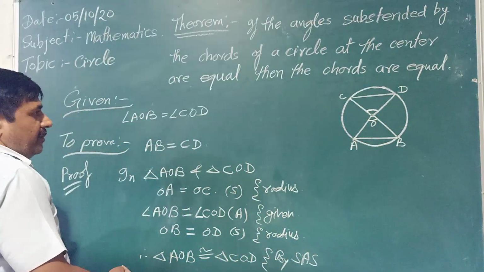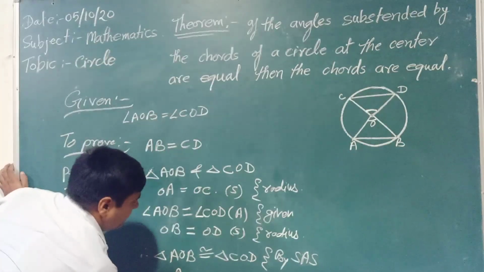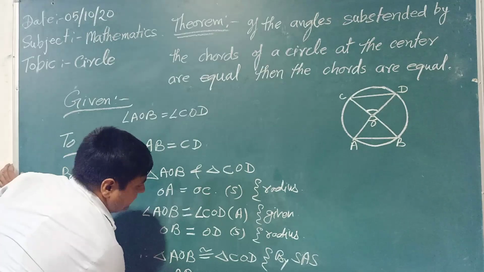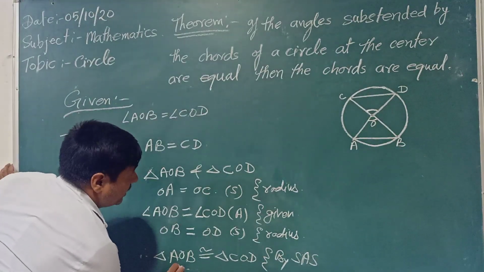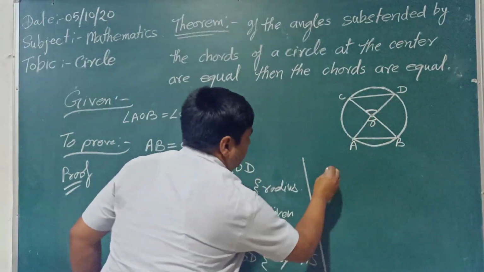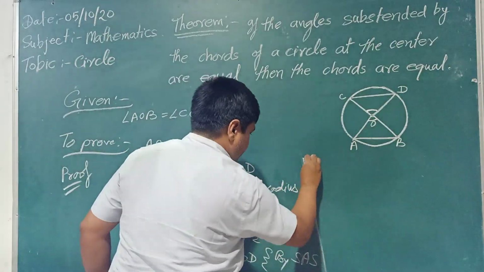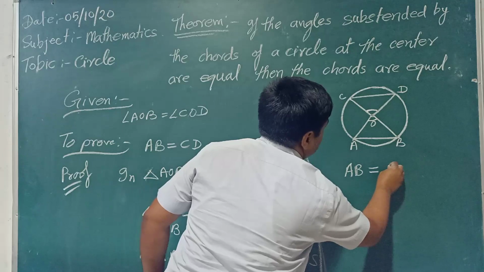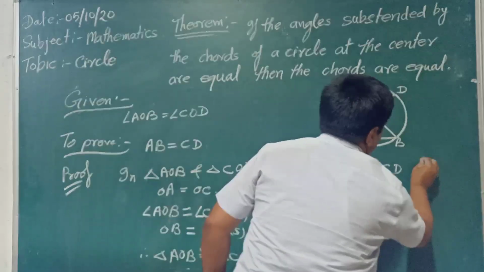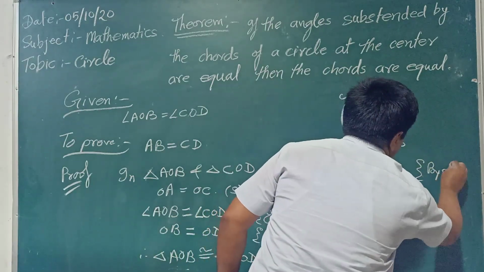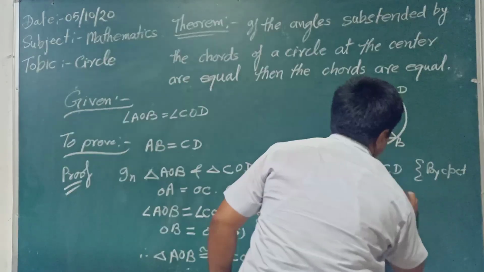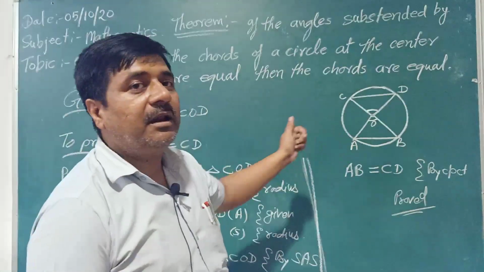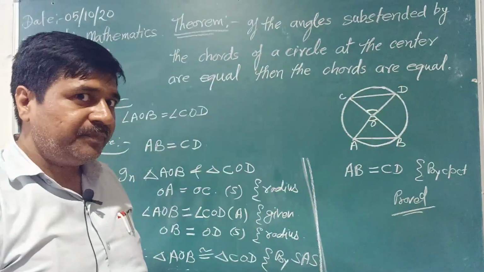So now by CPCT what can we say? AB is equal to CD, okay, by CPCT. Now this is proved, okay, both chords are equal.